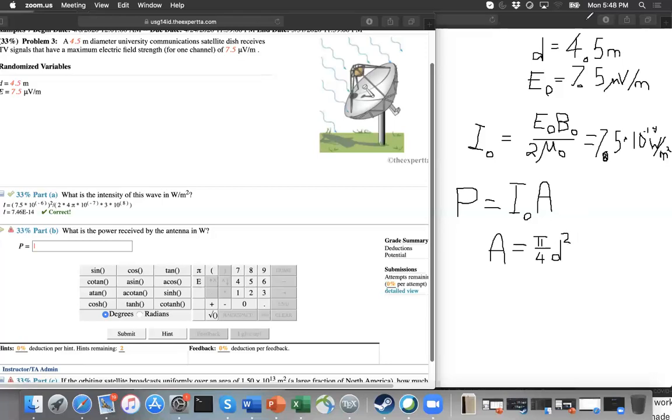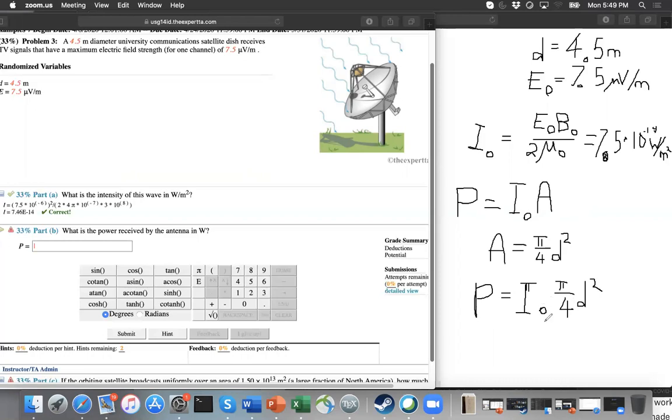And we know what d is. It's 4.5 meters. So the total power received by this radio antenna is going to be, I should write this out properly, I naught times pi over 4 d squared.